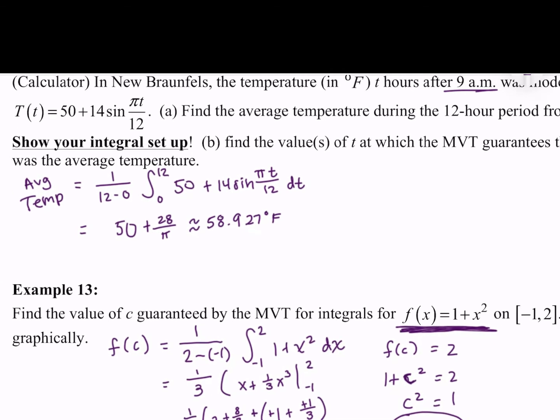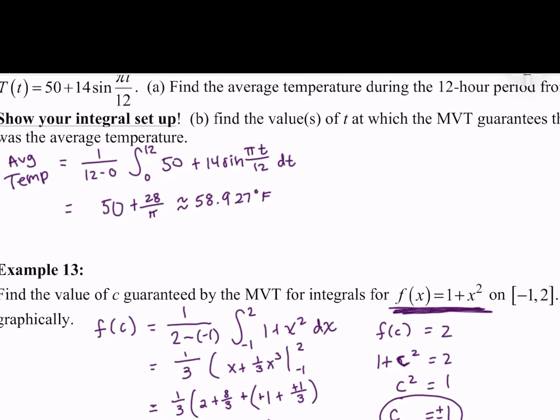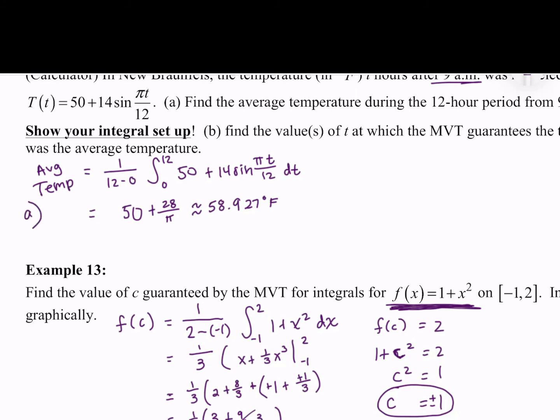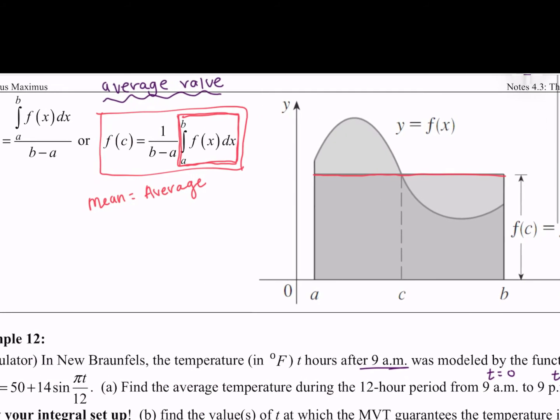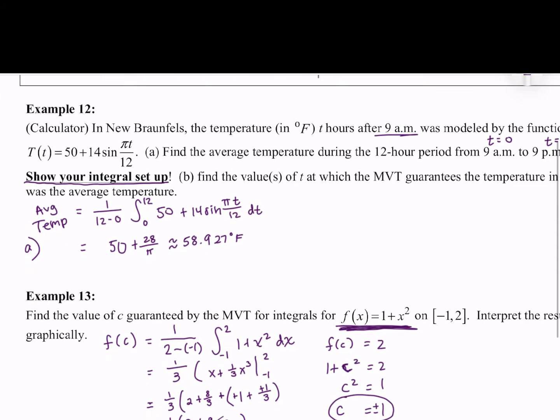Okay, there's my average value. This is A. Being able to set up the integral is really important. Sometimes in the free response questions, that's all you have to do is show what the integral is. So a lot of time with these problems, mainly they just want you to be able to set up the integral. So having this equation memorized for average value is very important.